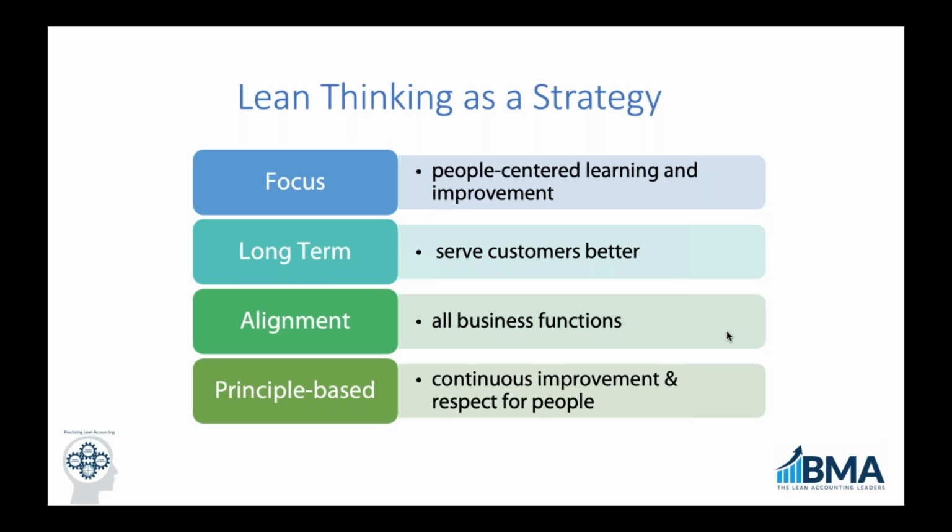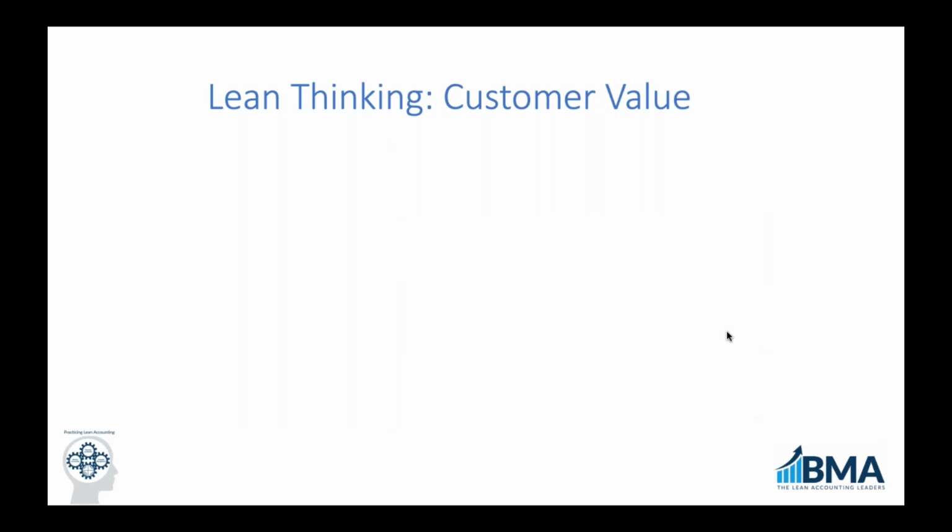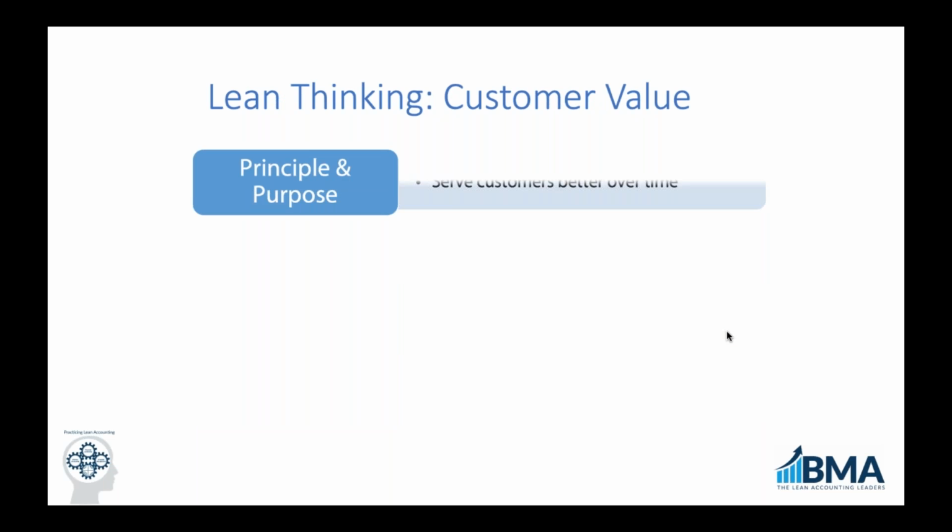It requires that we think across all business functions and have an aligned, more comprehensive and cohesive view of the business instead of in functional silos, and is based on core beliefs around continuous improvement of the value that we deliver to customers and respect for the people who do the work and receive the work.